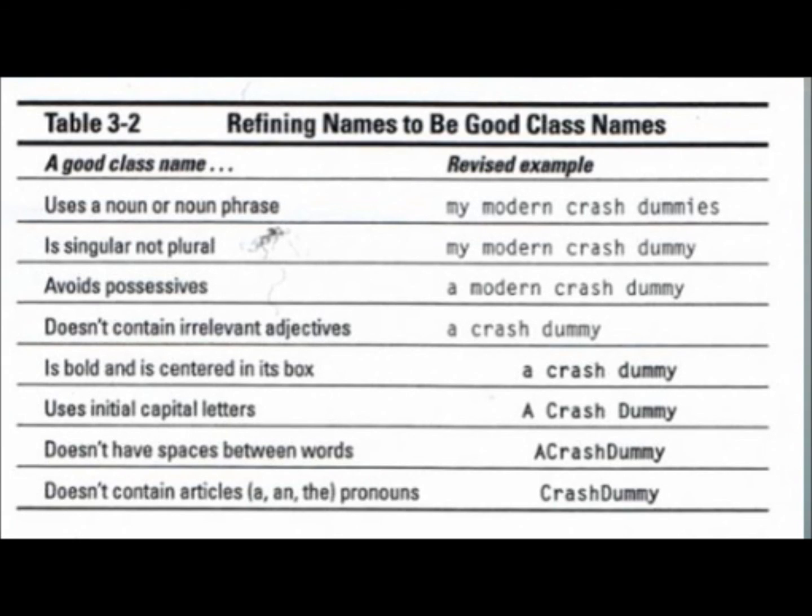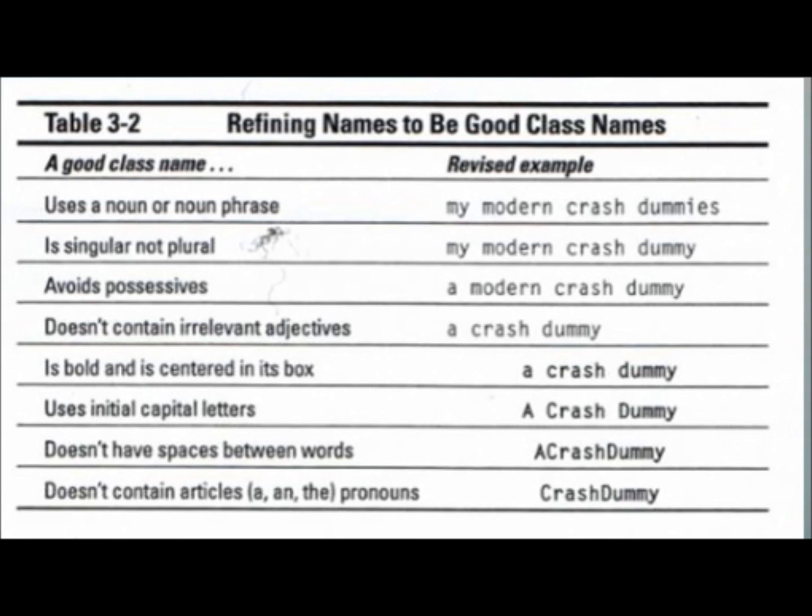And then this final slide here just helps you name your classes. And naming classes, I'm really not too worried about how you do this. It wouldn't matter to me if you had My Modern Crash Dummies or just Crash Dummy. But really, this slide just gives you a bunch of the rules that need to get you down to your class diagram, your class names.